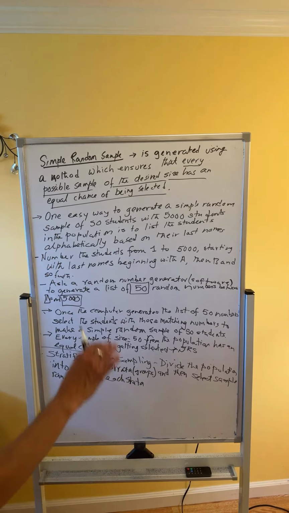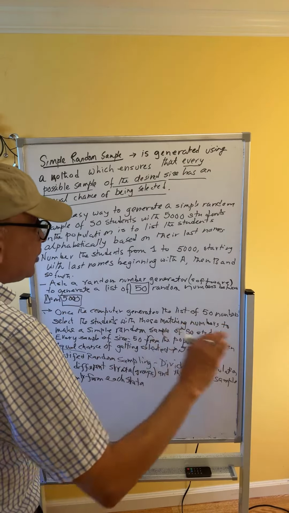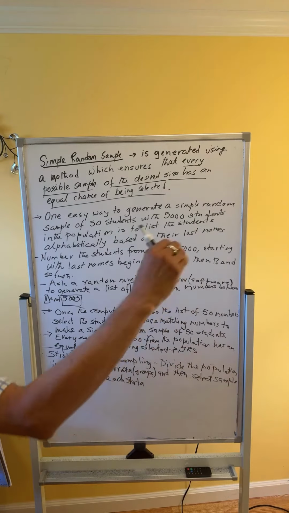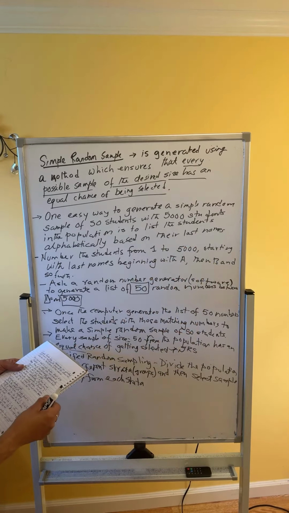So first we divide the population into strata, different groups based on certain characteristics. Then we select a sample randomly from each strata.